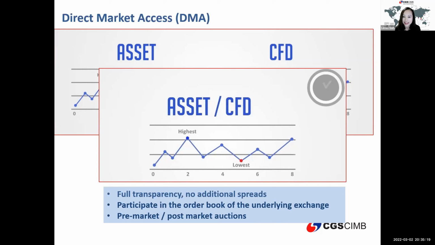So if you're an active trader, you definitely want the opportunity to take advantage of this trading period. But for market makers, you can place orders from 9:01, and when the market closes at 5, by 4:59 they don't allow you to place orders anymore. For DMA, that's not the case. After the market closes at 5, you can still participate in the matching, just like the underlying exchange. Everything will be the same as the underlying exchange.